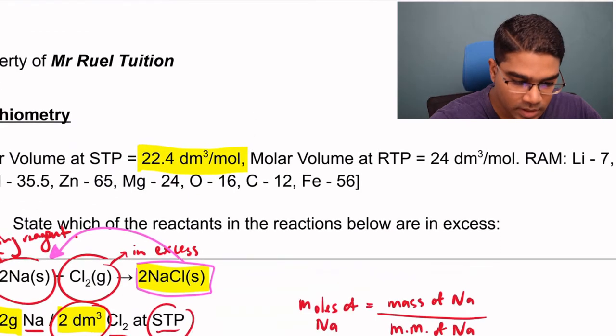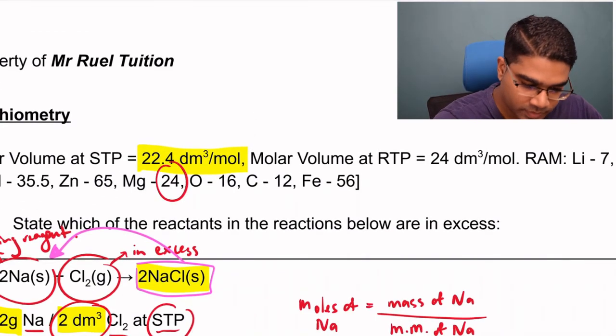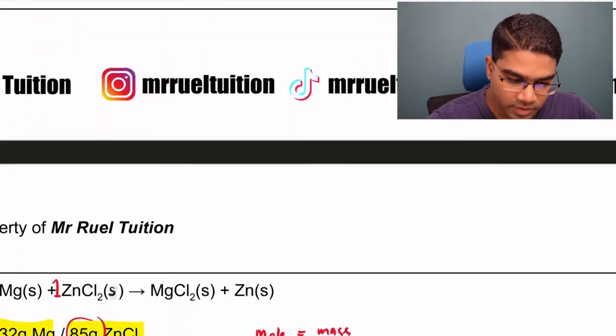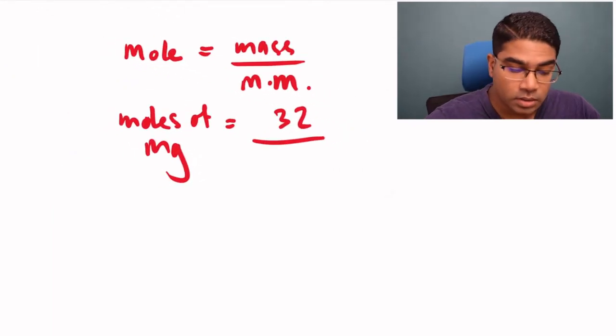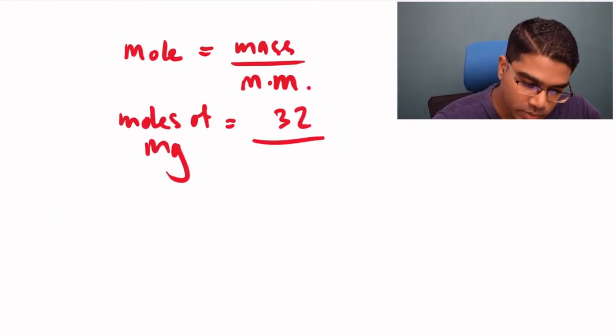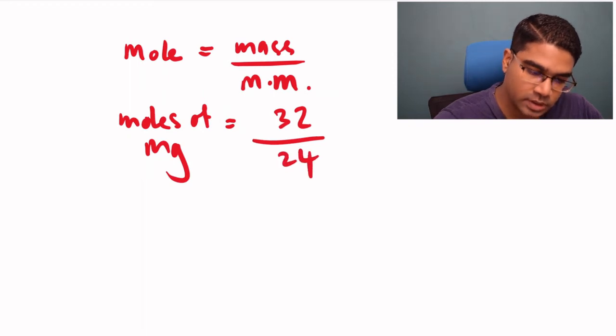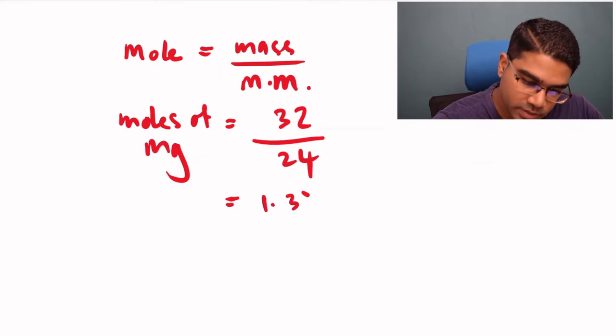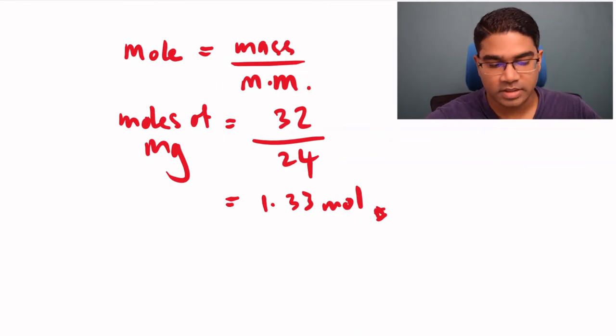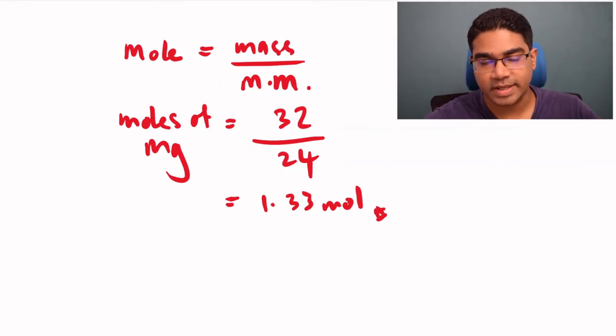So the molar mass of magnesium is 24. If it's not given to you, you can refer to the periodic table and find the mass number. This will give us 1.33 moles of magnesium. This is the moles of magnesium that is reacting.